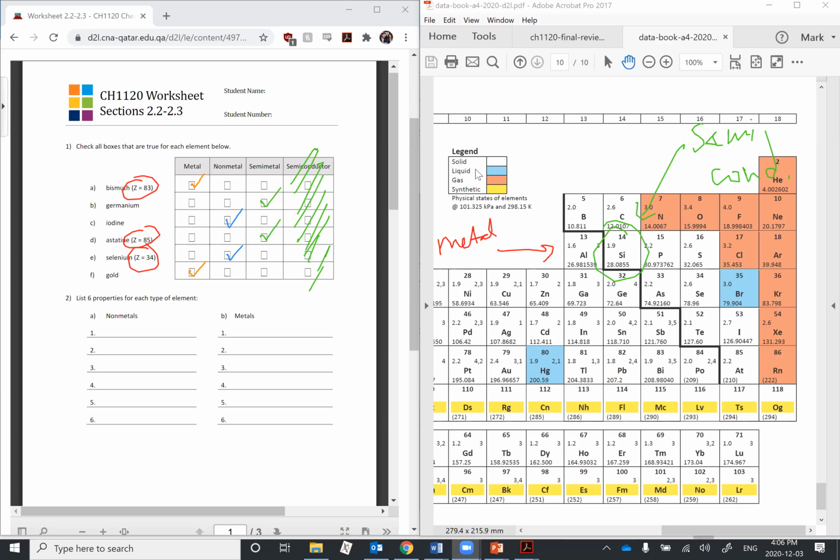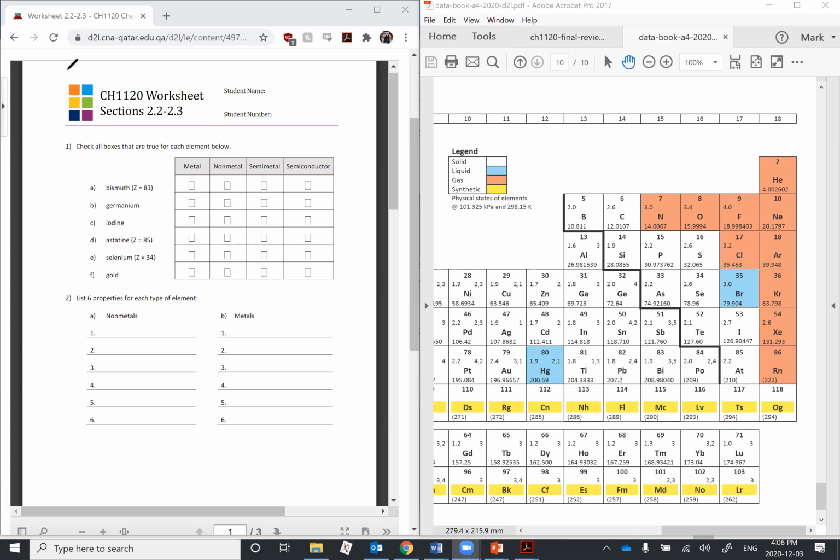There's a lot of research about this and a lot of different information you can find, but nobody would ever say aluminum is a semi-metal. Everything else that touches that staircase, silicon, germanium, astatine, is a semi-metal. By the way, I don't think that this is on your exam, so it's not really a big deal.